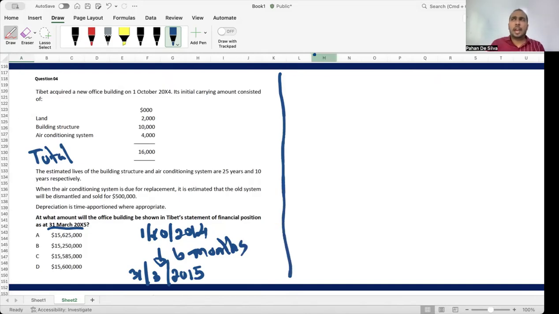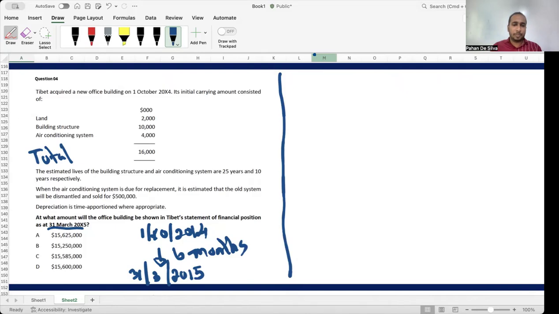Now you have to be very careful. You have to apply your knowledge of complex assets to this, because if we take the new office building, we can define it as a complex asset. Why? This building has various components with different useful lives. So if an asset has different components with different useful lives, we have to depreciate these components separately.